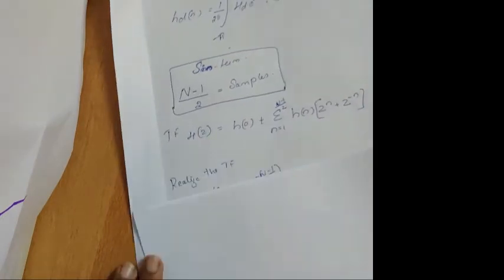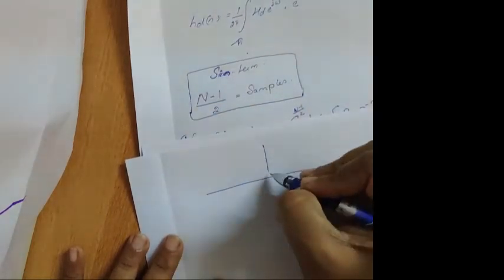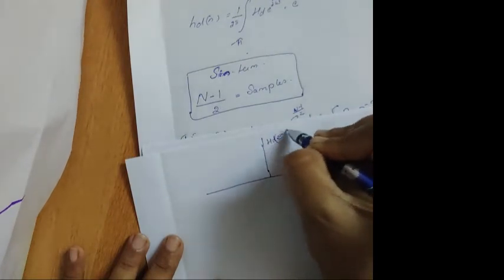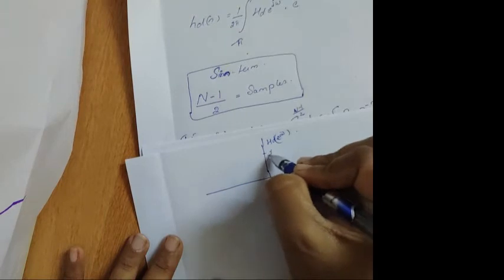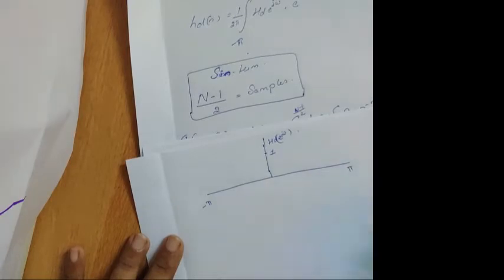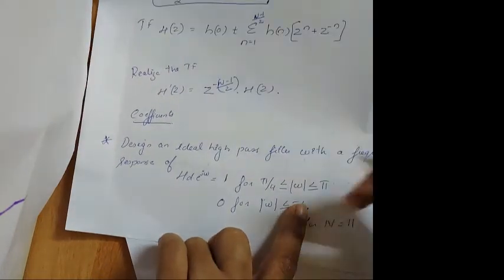So the very first thing is you have to design an ideal high pass filter with the limit that has been given. The first thing you have to do is draw. This is Hd of e power j omega. Its value is given as 1, and this is minus pi to pi, and the signal you got in the question varies from pi by 4, modulus of omega, means plus or minus.